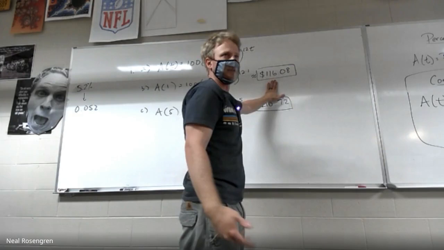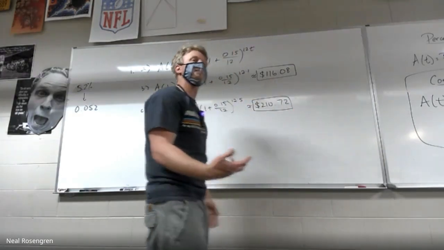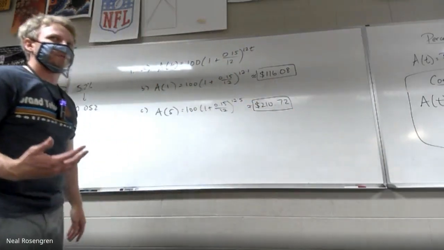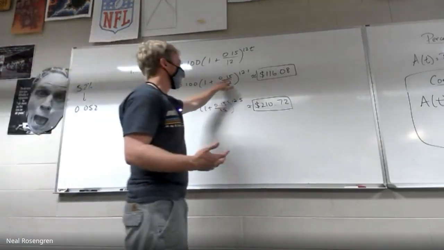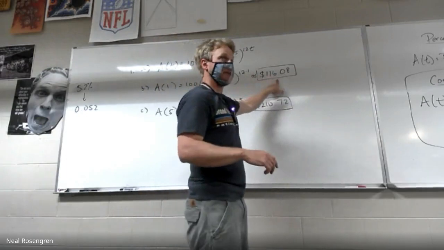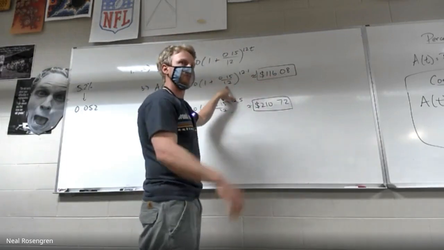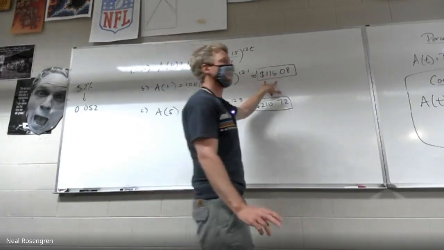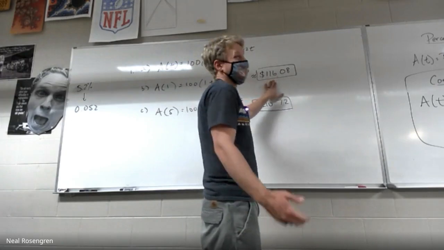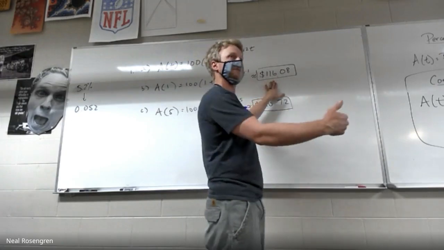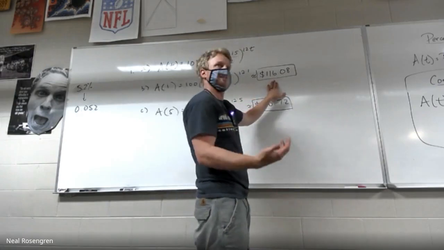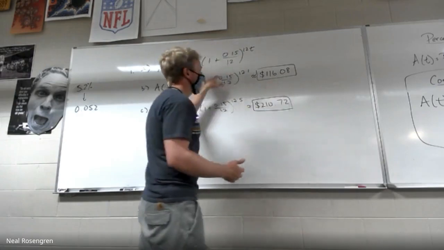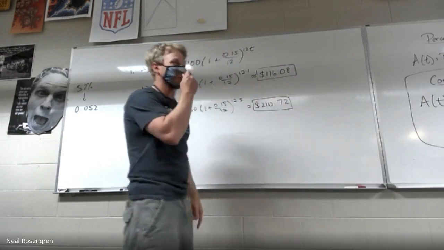We're going to make more than $16 in the second year, but not that much more, because we're getting 15% on this, broken up over 12 months. We didn't make 15%; we actually made a little bit more than 16% because of the compound interest. 100 turned into 116. So we didn't earn 15% because of the compound interest. We earned a little bit more, but not a whole lot.